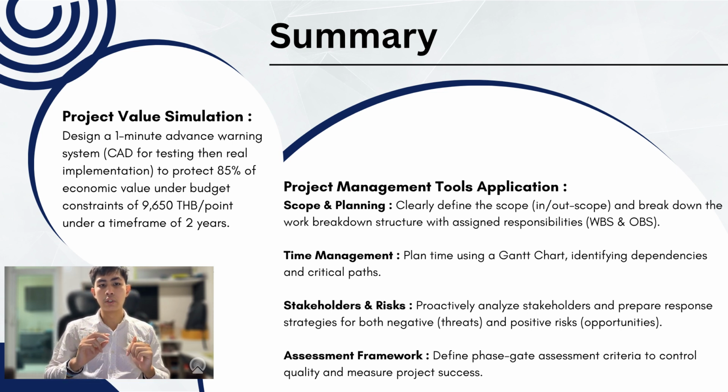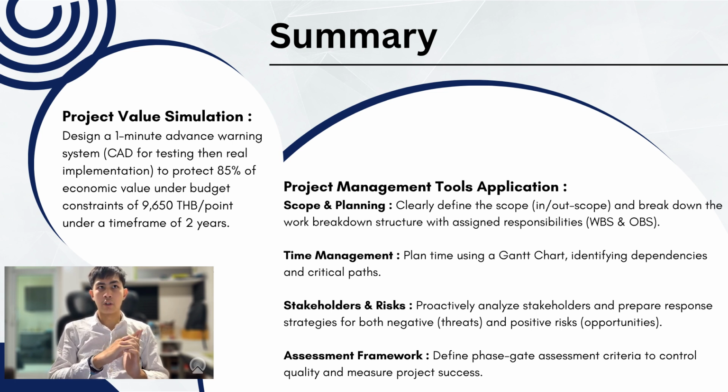So what tools did we use to perform this project management analysis? For scope and planning, we clearly define this in the work breakdown structure and the organization breakdown structure. For time management, we utilized Gantt charts to identify discrepancies in our workflows.